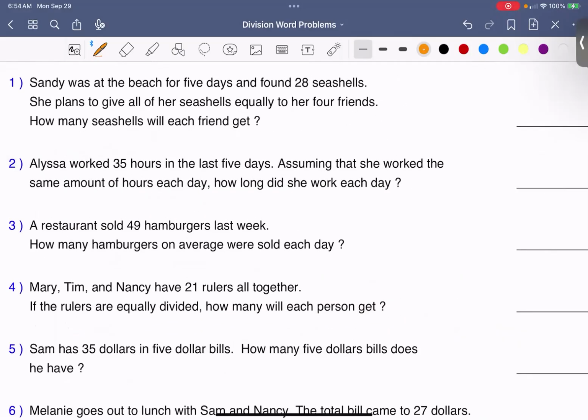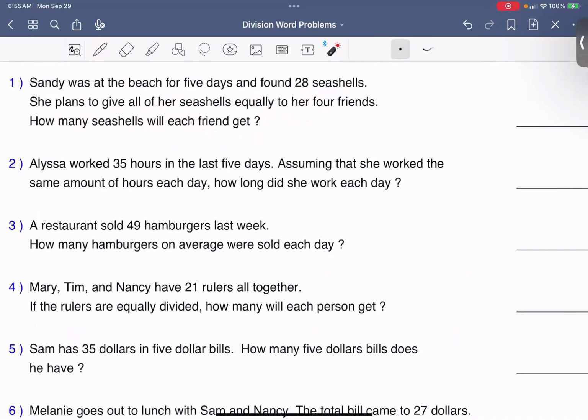So the first thing I'm going to do, I'm going to look for words that tell me that this is division. Sandy was at the beach for 5 days and found 28 seashells. She plans to give all of her seashells equally to her four friends. How many seashells will each friend get?